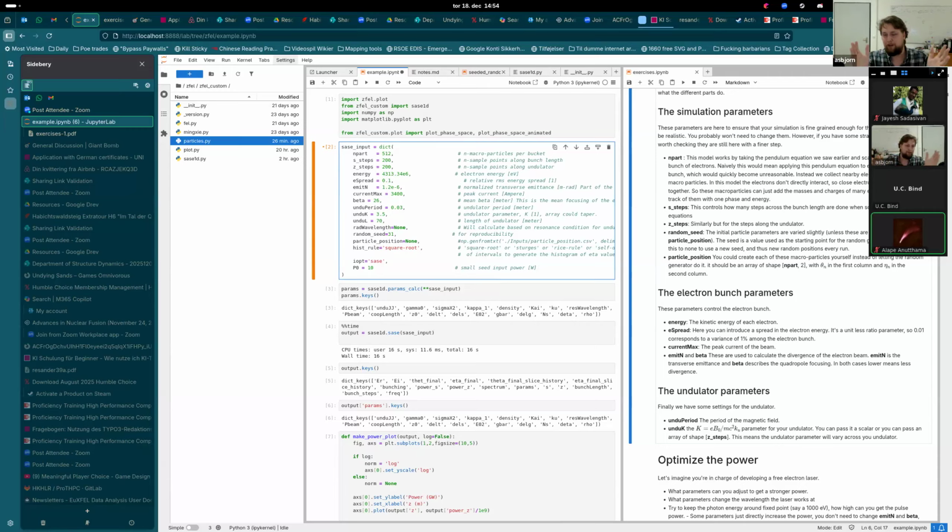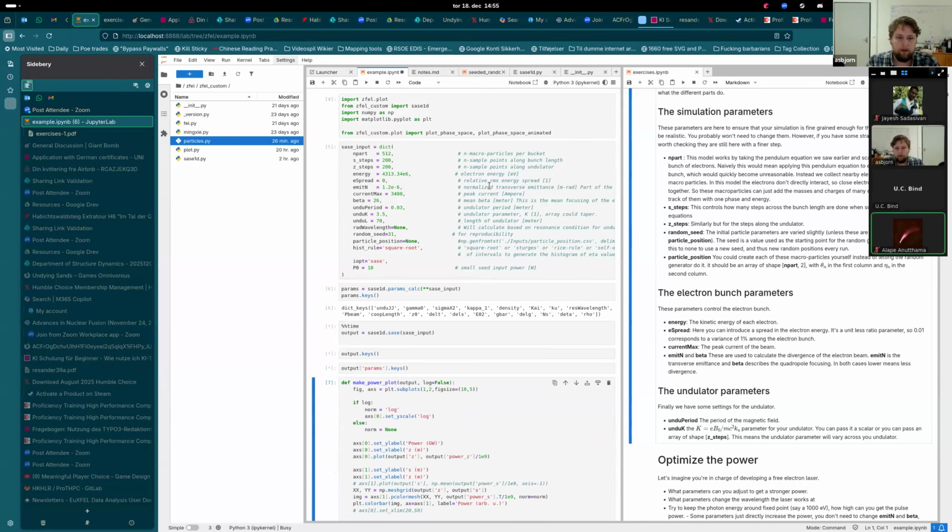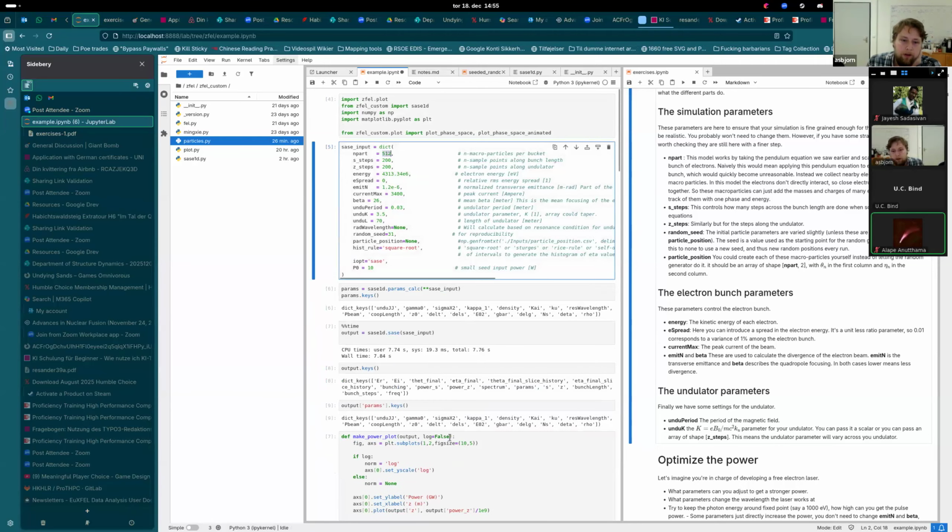So if the electron bunch is not all moving at the same speed, then, actually let me. So right now it's just a simple SASE. And this takes like 10, 20 seconds on my computer, but this depends, of course, on these three.